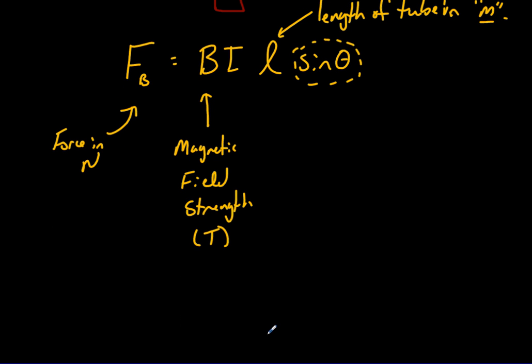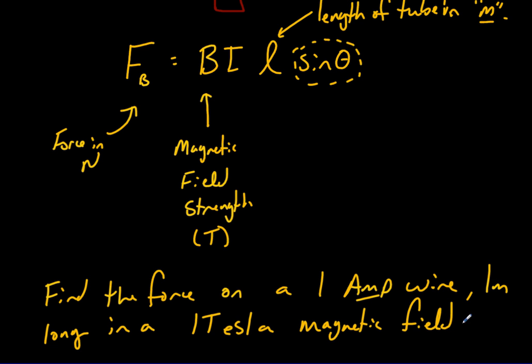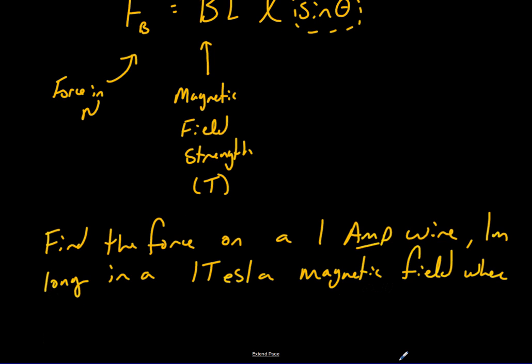So let's just quickly do a super quick problem. Okay, find the force on a 1 amp wire, 1 meter long, in a 1 Tesla magnetic field, where the current is 90 degrees to the field.